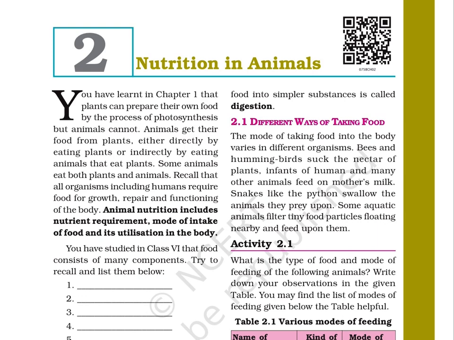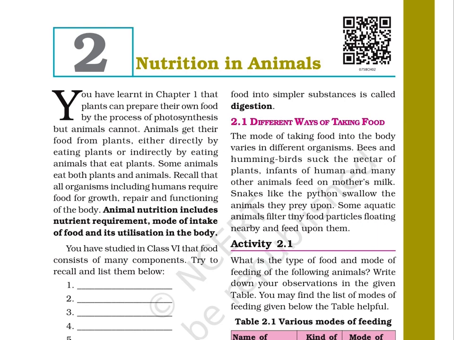Page 11. You have learnt in Chapter 1 that plants can prepare their own food by the process of photosynthesis, but animals cannot. Animals get their food from plants, either directly by eating plants or indirectly by eating animals that eat plants.